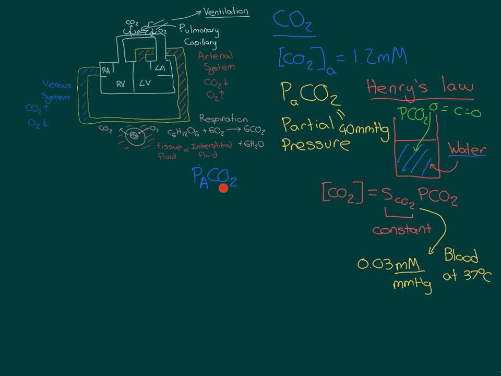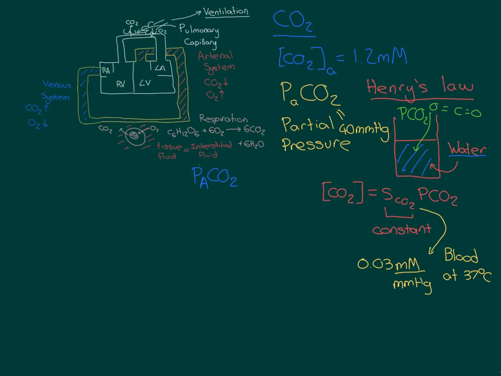So in fact, alveolar partial pressure of carbon dioxide is also 40 millimeters of mercury. So these two things are the same, but they have slightly different meanings. They have the same value, but they do have slightly different meanings, and you should distinguish between them. This is a more theoretical concept. This is a solid concept. This means the actual partial pressure of carbon dioxide in the alveolar air.